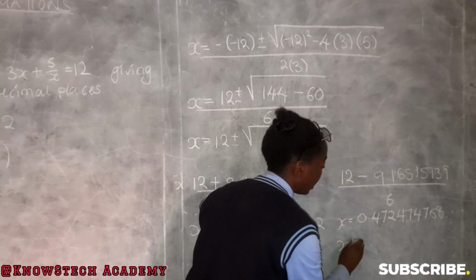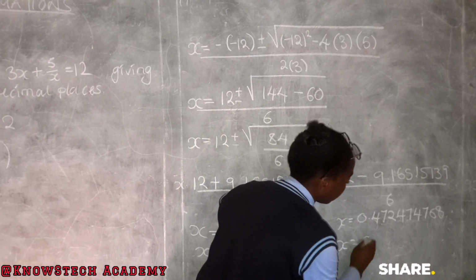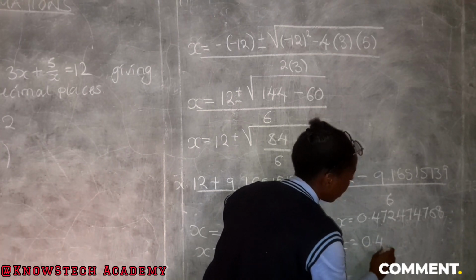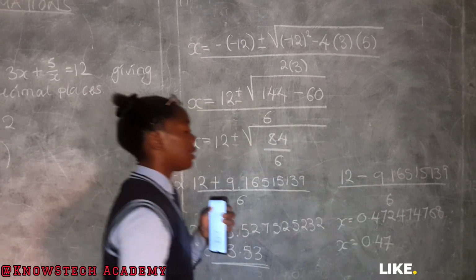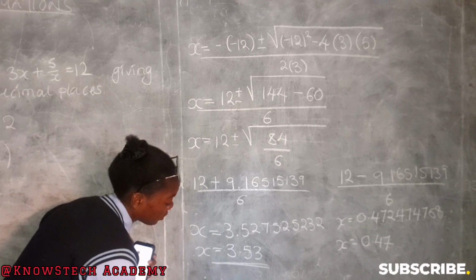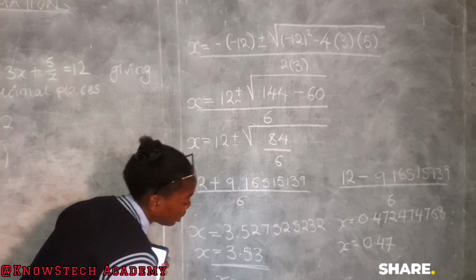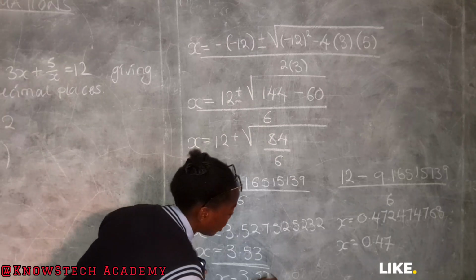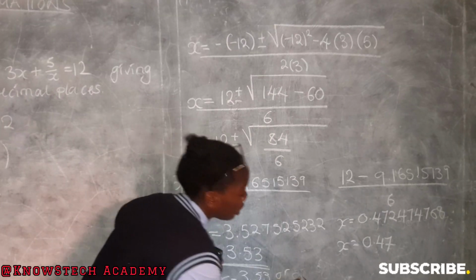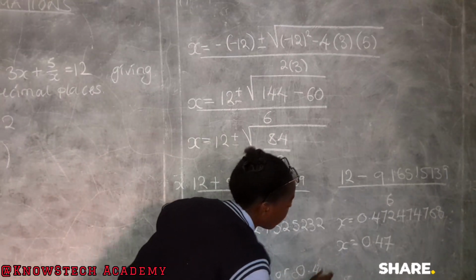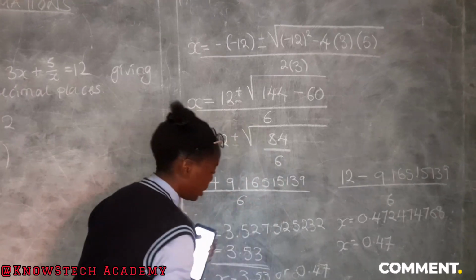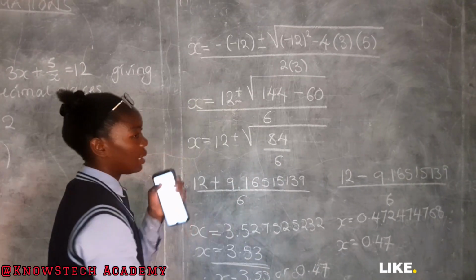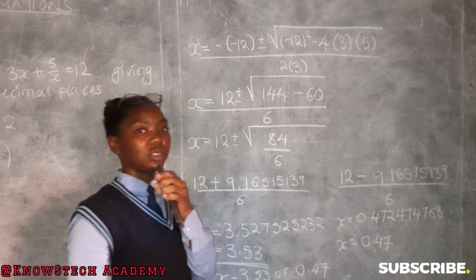So it's going to be x is equal to 0.47. Therefore, x is equal to 3.53 or 0.47. This is our answer, and we get our 5 marks. Thank you so much for watching.